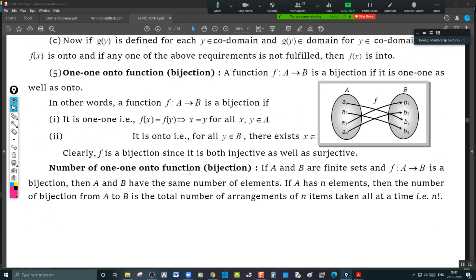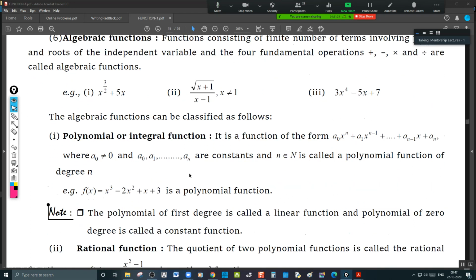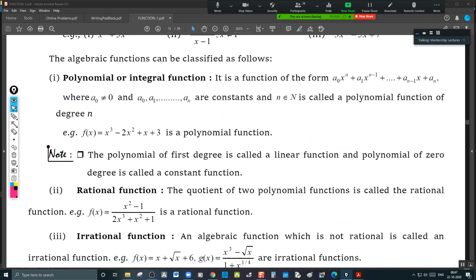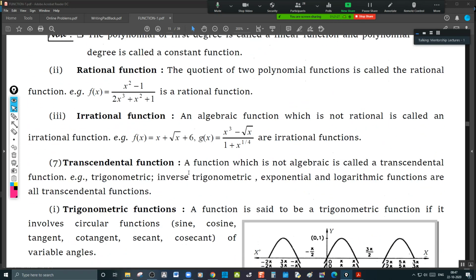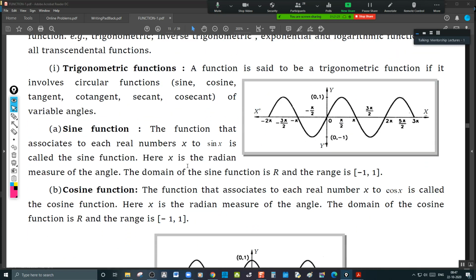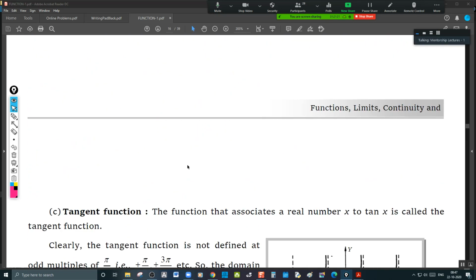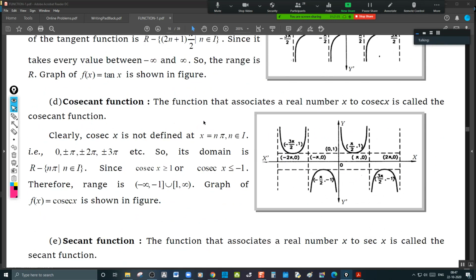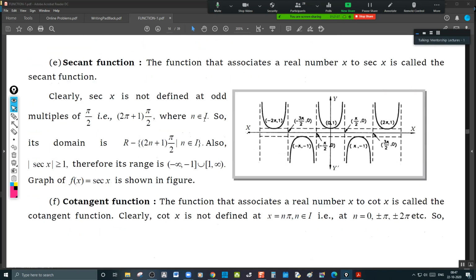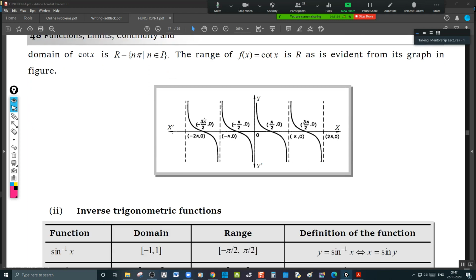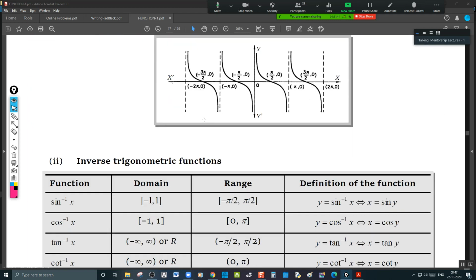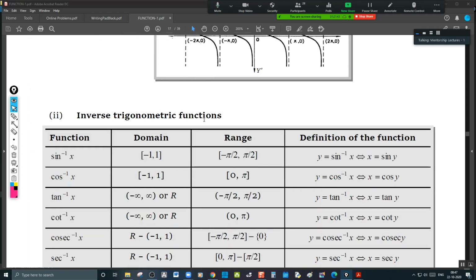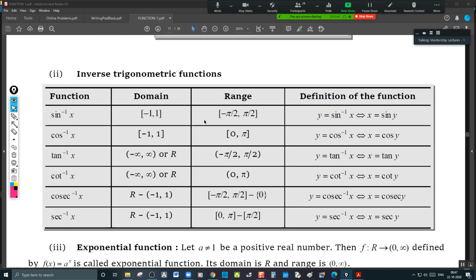So that's about onto function. And next are polynomial, integral functions, and different types of functions that are given. These are all known to you, trigonometry functions and different trigonometry functions. Just now Dhananjay is saying they are not included in the syllabus of 12th class, but it is not like that.